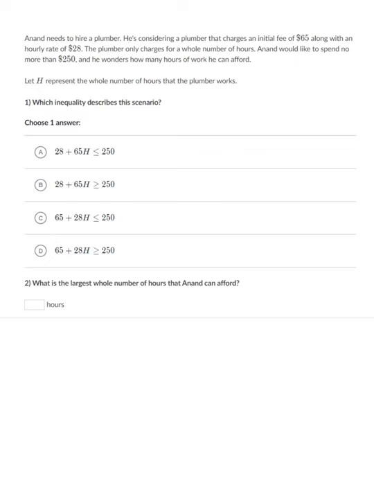Well, I'm going to try to figure out the answer myself. I think the initial fee is $65, right? And an hourly rate of $28 per hour. And this has to be less than or equal to $250.